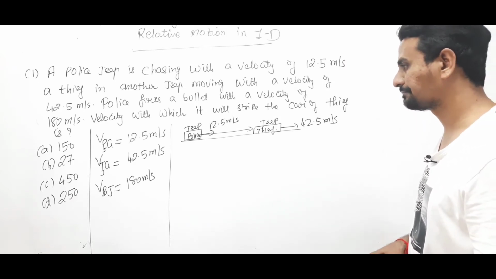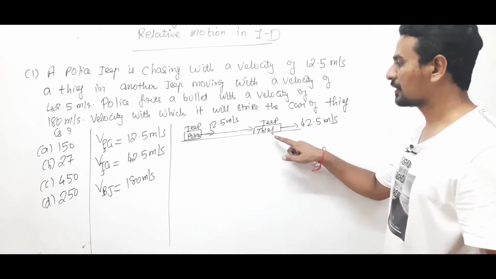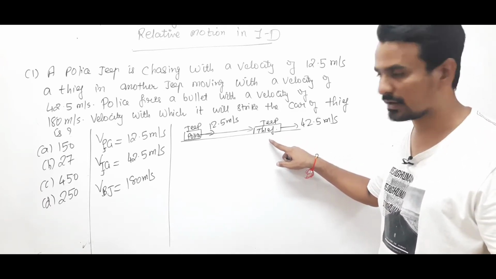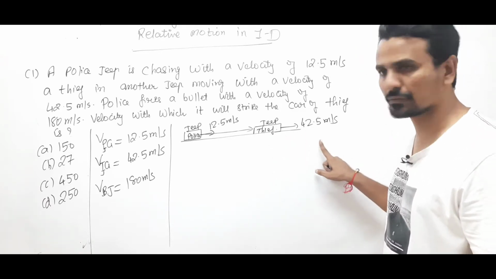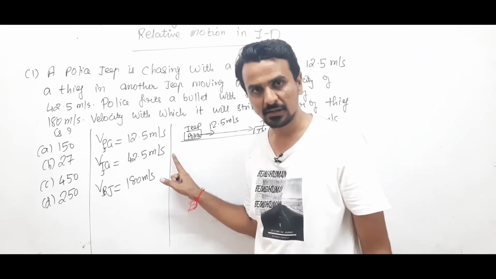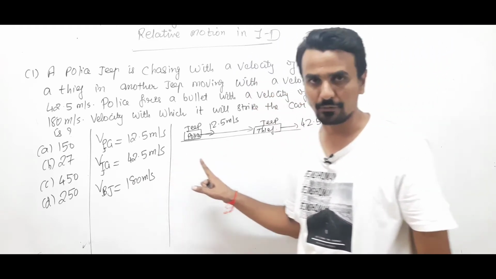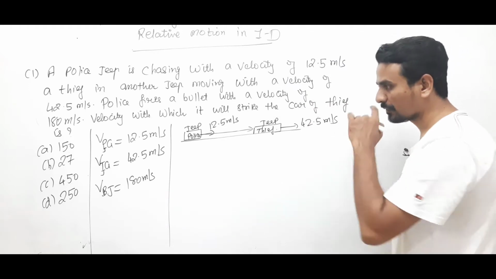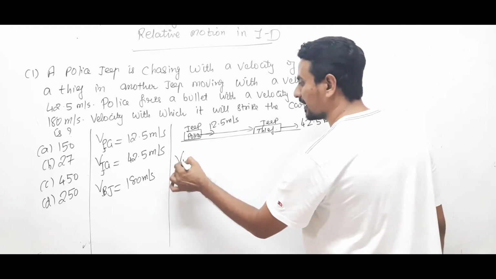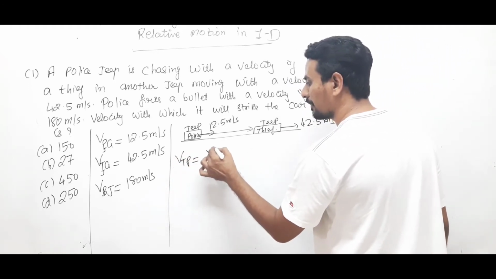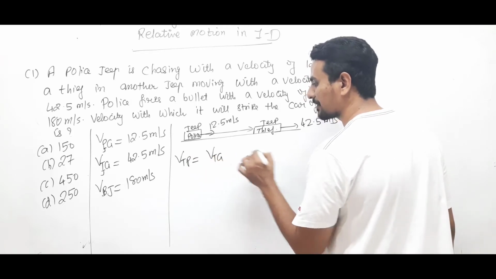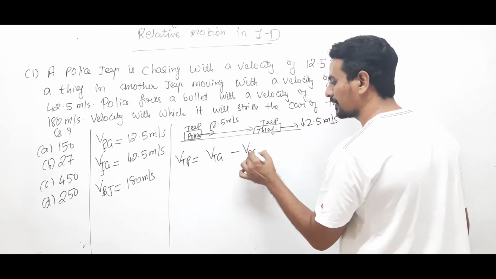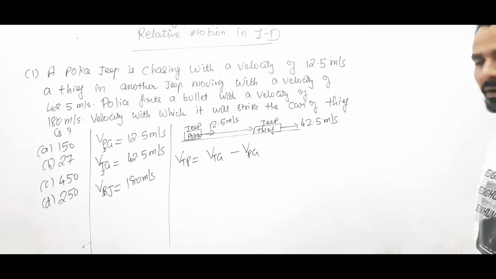Okay, so now the velocity of the jeep of the thief is with respect to ground. The velocity of the police jeep is with respect to ground, right? Okay, so what will be the velocity of the thief relative to the police? It will be the velocity of the thief with respect to ground minus the velocity of the police with respect to ground.